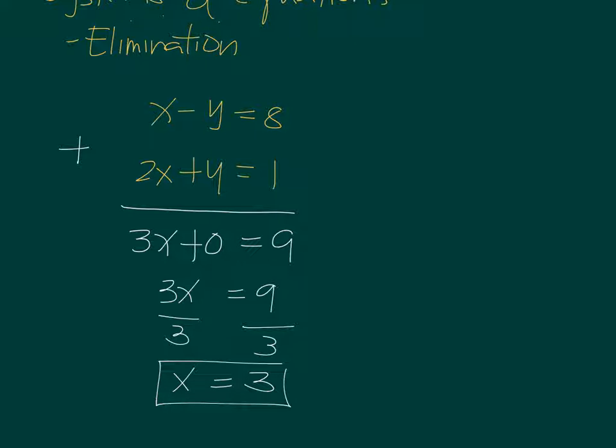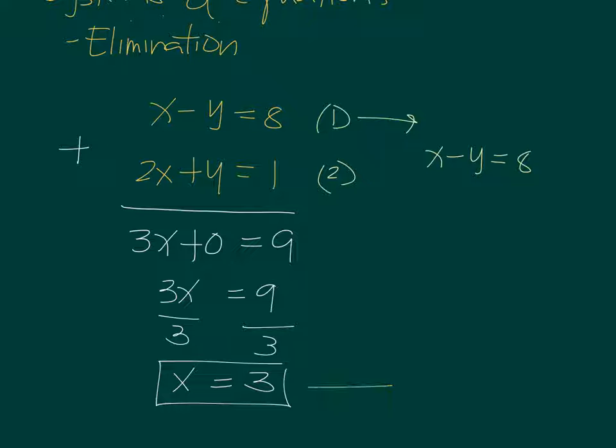Now that we know the value of x, it is now easy to find the value of y. We have the first equation and we have the second equation. So we could pick which of the equations we should use in finding y. Now if you use the first one, then that's fine. If you use the second one, that's also fine. So in this video, I'll be selecting the first equation, x minus y is equal to 8.